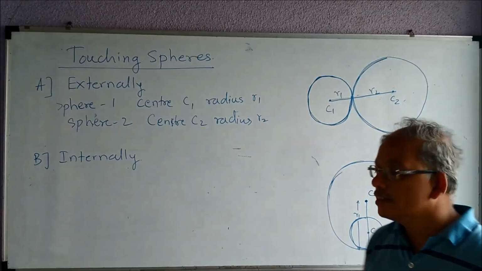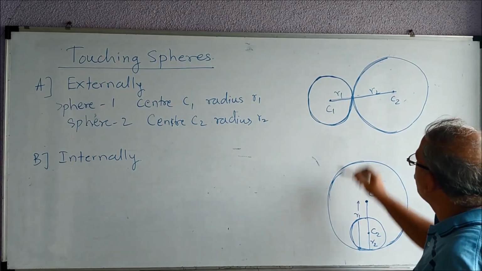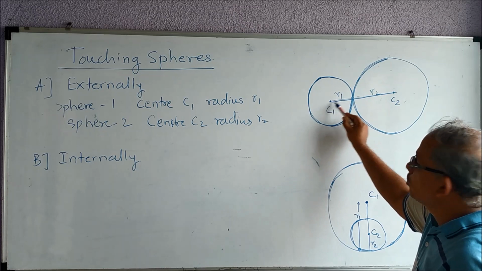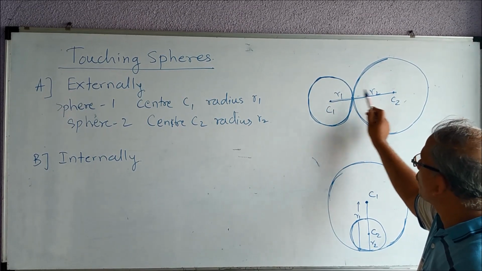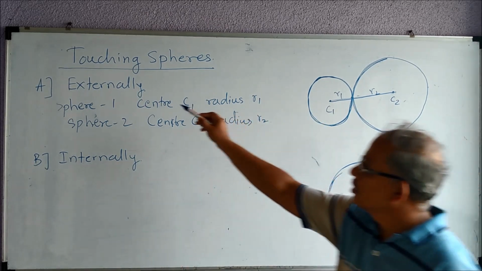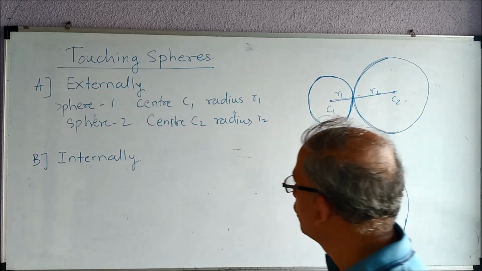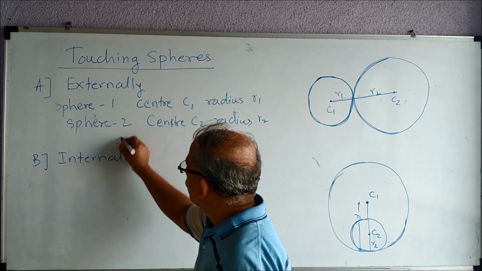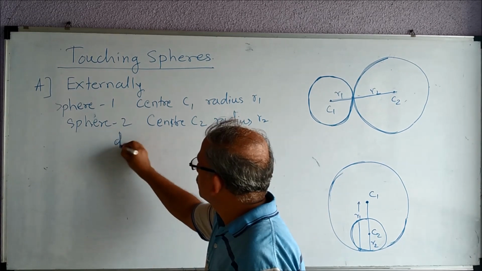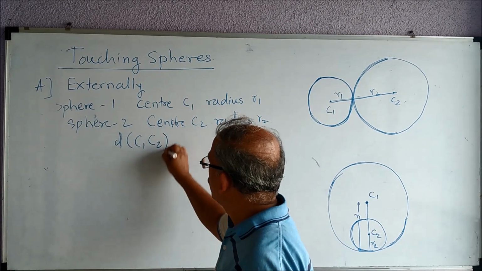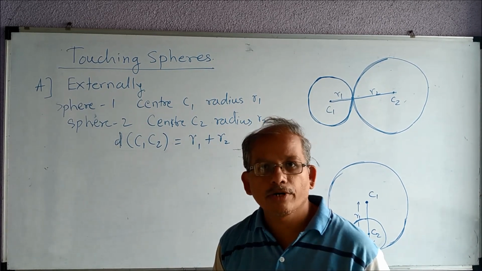Now you can easily look at these two centers, C1 and C2. If you calculate the distance between these two points, and if the distance is the addition of R1 and R2, the two spheres touch each other externally. That means the condition is that the distance C1C2 is equal to R1 plus R2.